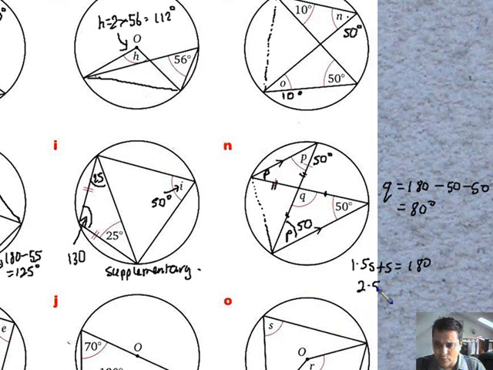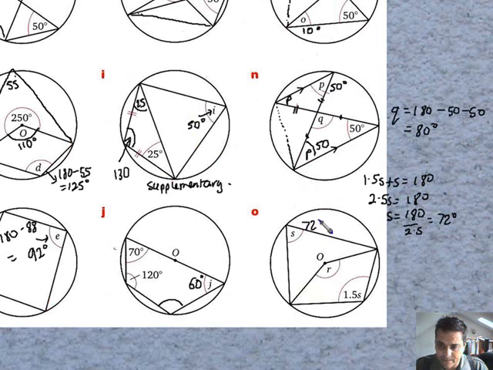So we've got 2.5 S's comes to 180. So a single S is going to be 180 divided by 2.5. Quickly, calculator. I don't like decimals. 180 divided by 2.5 gives me 72 degrees. So S is 72 degrees.